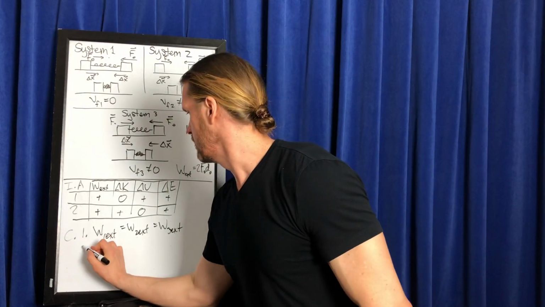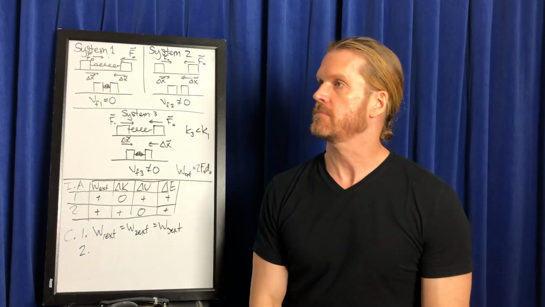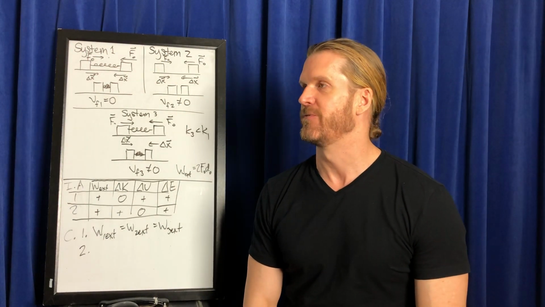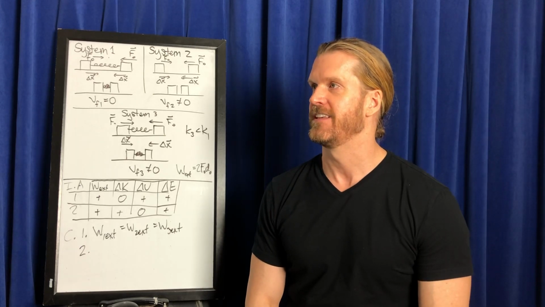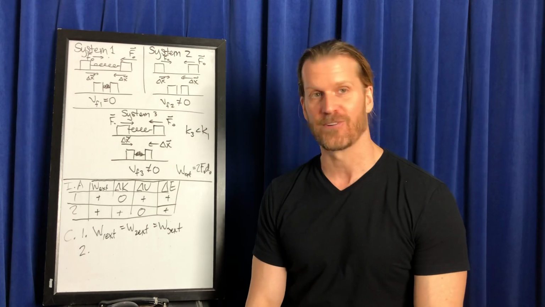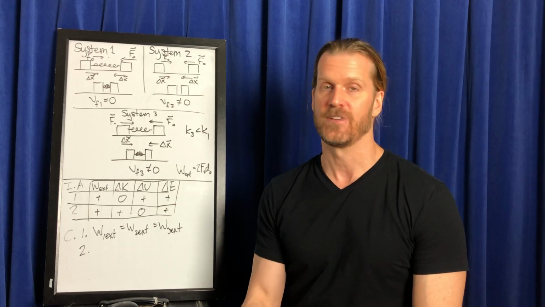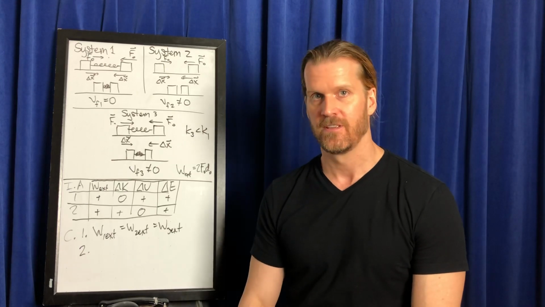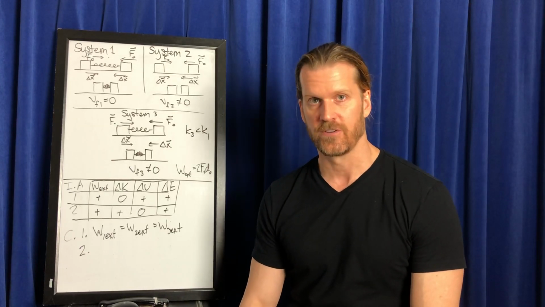In question 2, we'll rank the 3 systems according to the absolute value of the change in total energy. Now, once again, this is kind of a trick question because, as we have just learned, the change in total energy equals the net external work done on the system.